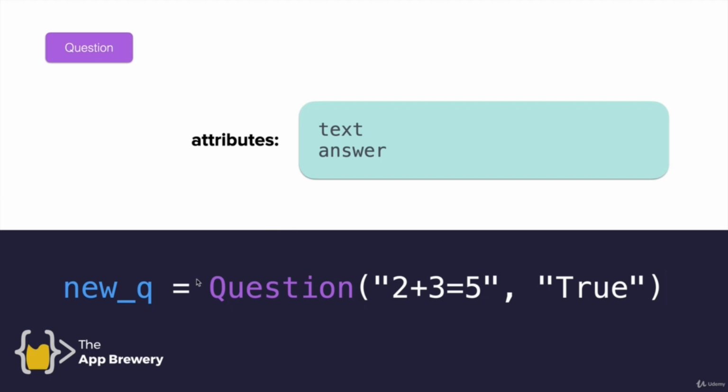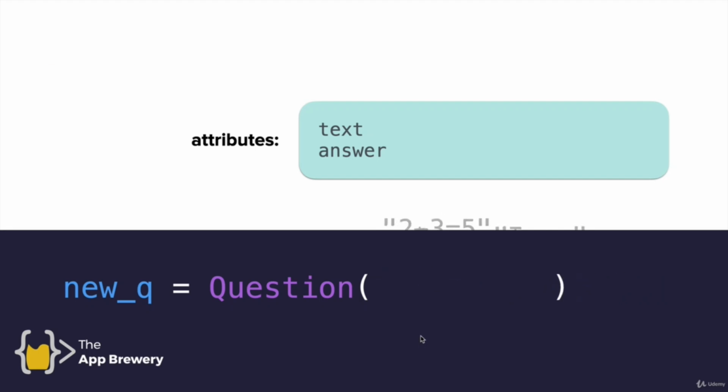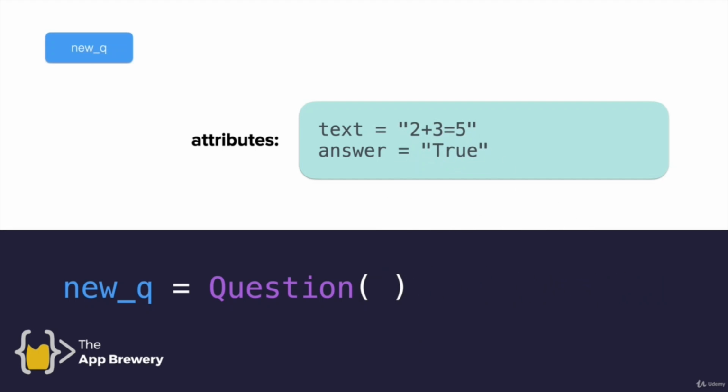And when this initialization goes through, the constructor code inside the question class will take these 2 pieces of data and then add them to the corresponding attributes, the text and the answer. And so our new question object will have both of these attributes initialized with a value.